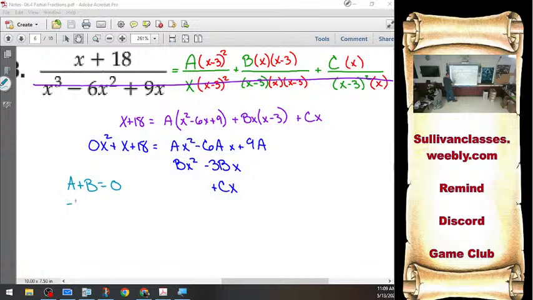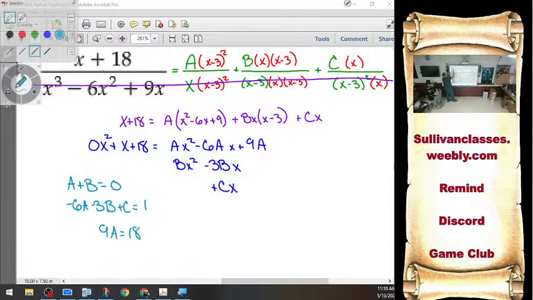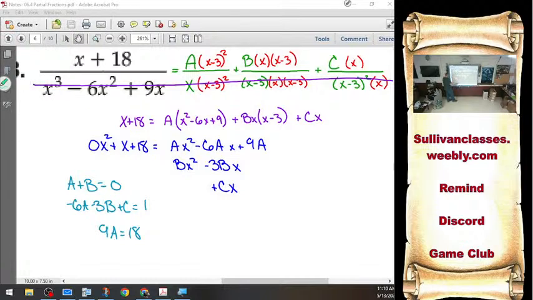We'll get negative 6, a minus 3, b plus c is 1. And thankfully, 9a is 18. Don't always work out that way. A is 2. B is negative 2. Getting negative 12 plus 6 is negative 6. Add 6. C is 7.